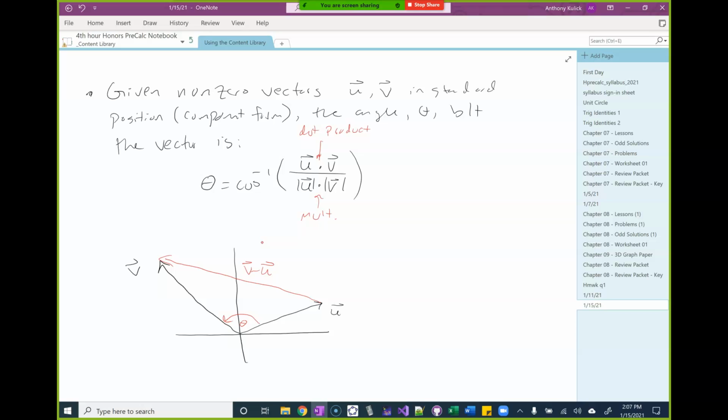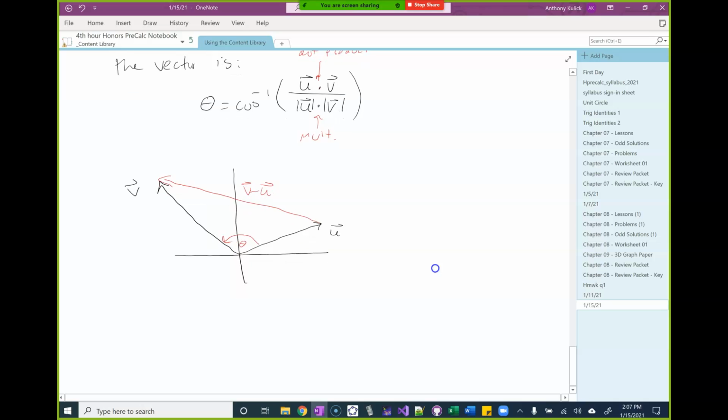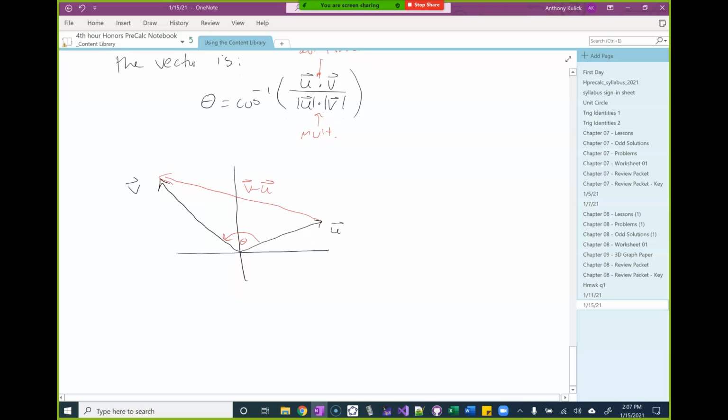And now what I'm going to do is I'm just going to use the law of cosines. So the hypotenuse squared is equal to the magnitude of u squared plus the magnitude of v squared minus 2 times the magnitude of u times the magnitude of v times cosine theta. Everybody's okay here?